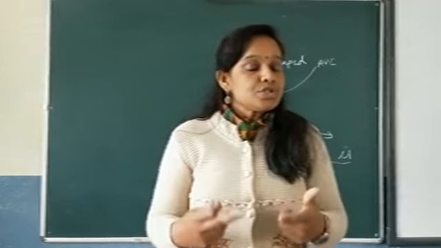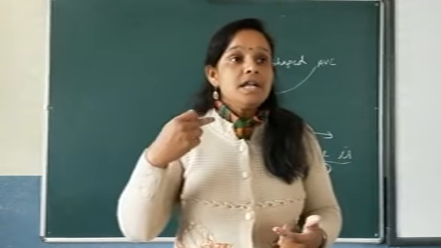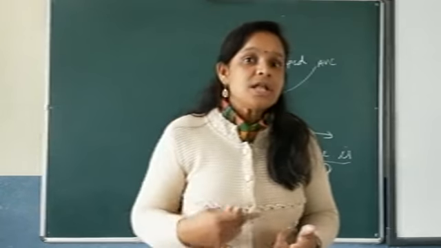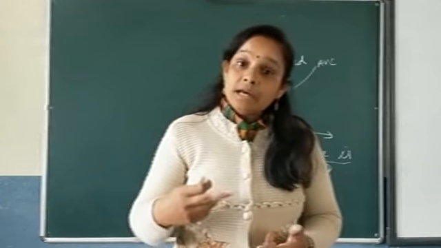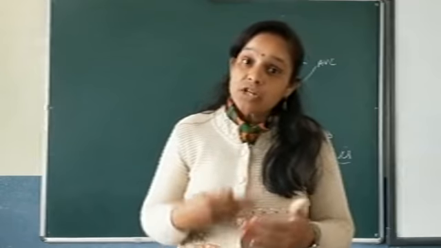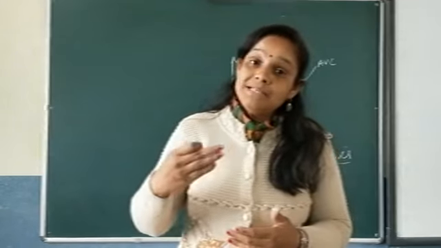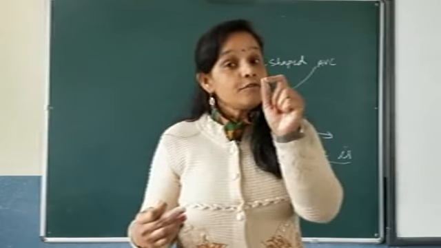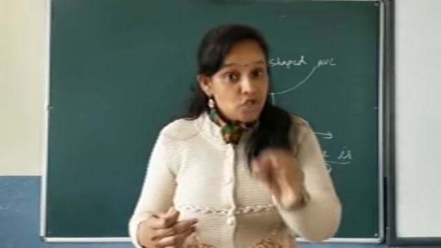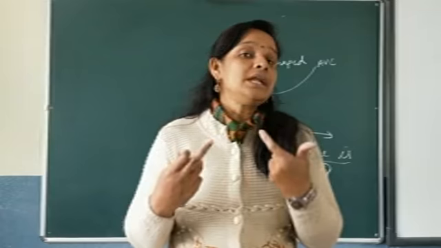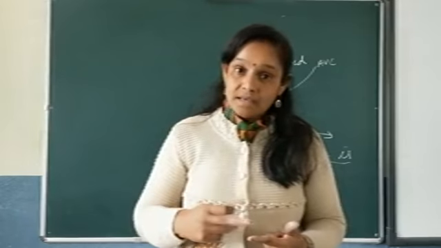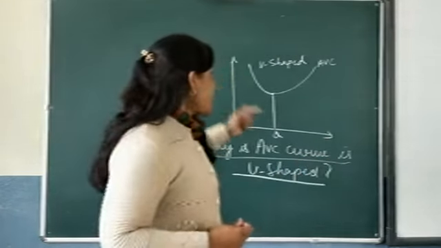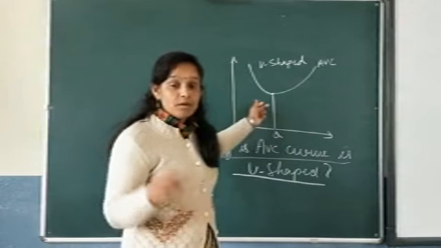As the producer increases the number of additional labor, the efficiency of each labor is better. Means the efficiency of each labor increases and the fixed factor, that is the machine, is better utilized. Hence, the average cost is falling.